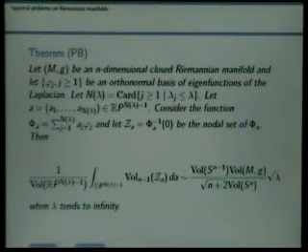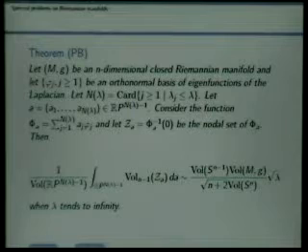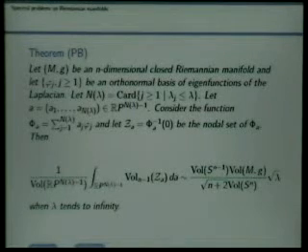So the idea to do this is, okay, let me just say something else. Let me just explain something which is probably well known to geometers.